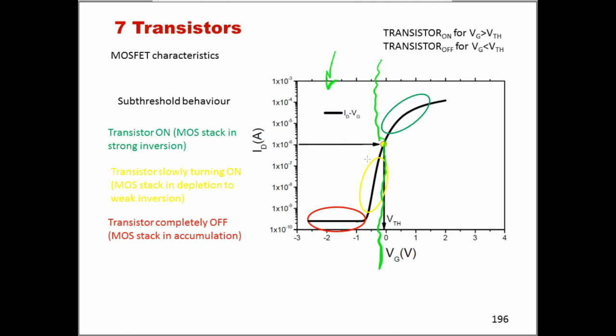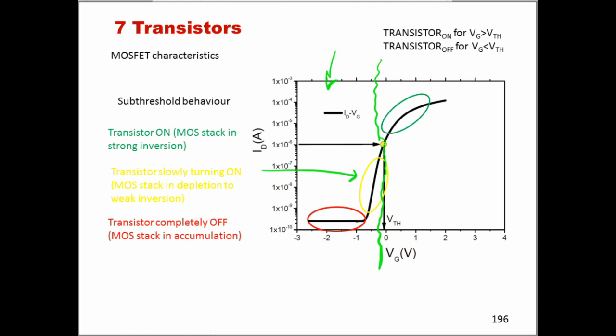As depicted here in this yellow circle, in this sub-threshold region the current through the drain and source is exponentially dependent on Vg. You can clearly see that the current grows exponentially.